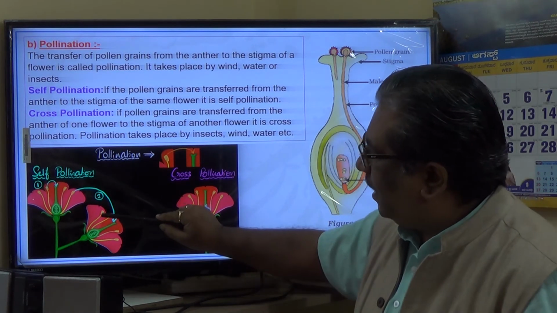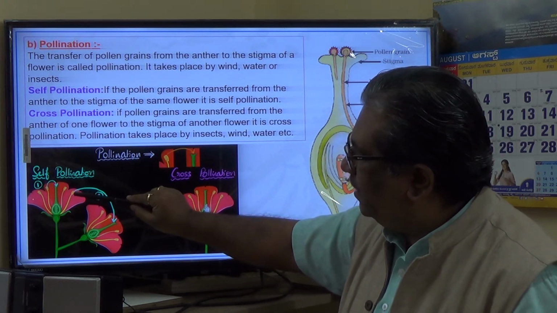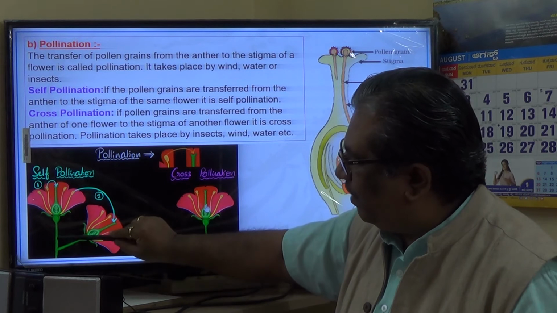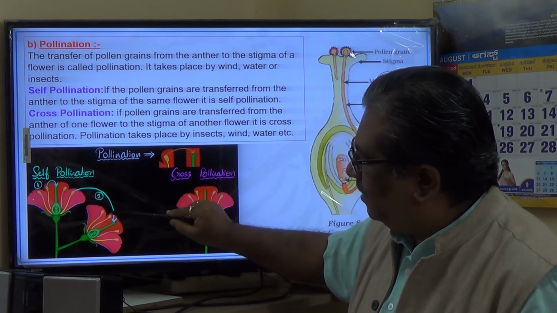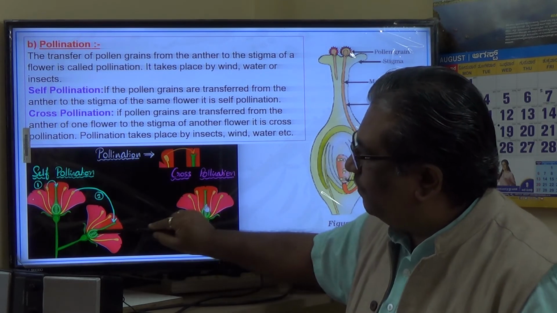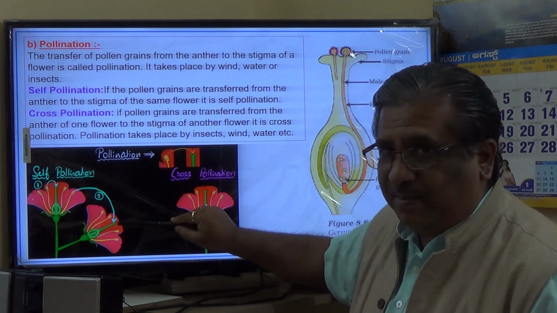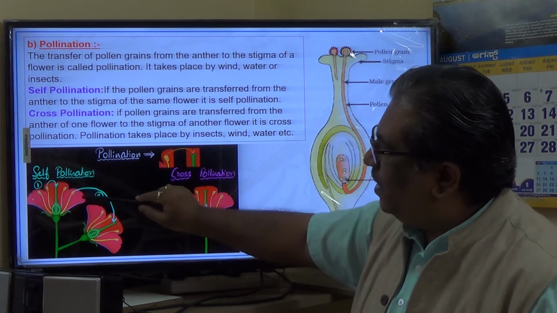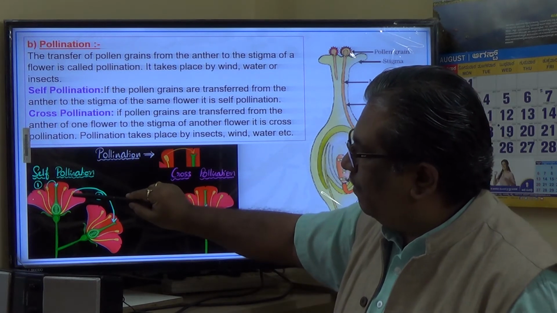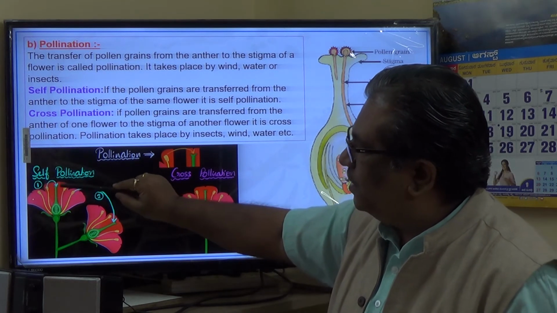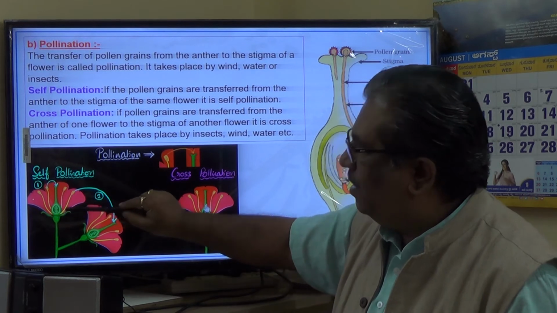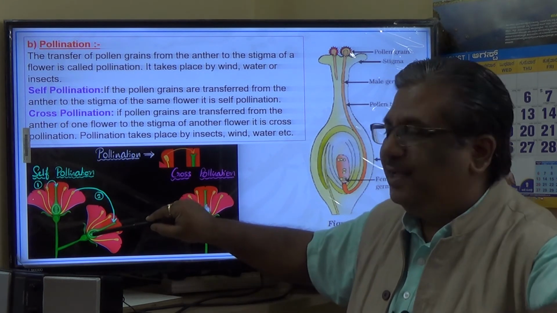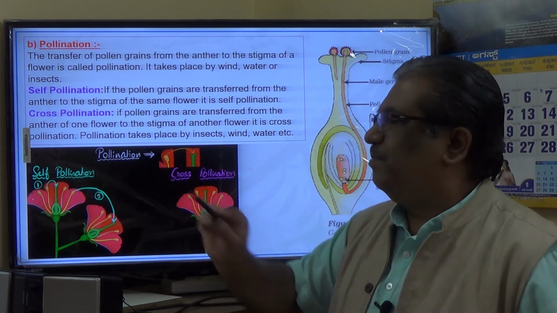Also, transfer of pollen grains from one flower of the plant to another flower of the same plant, to the stigma of that flower, is also called self-pollination. Means transfer of pollen grains from anther to the stigma of the same flower or from anther to the stigma of a flower of the same plant is termed self-pollination.